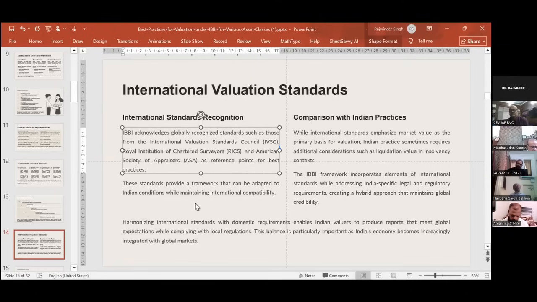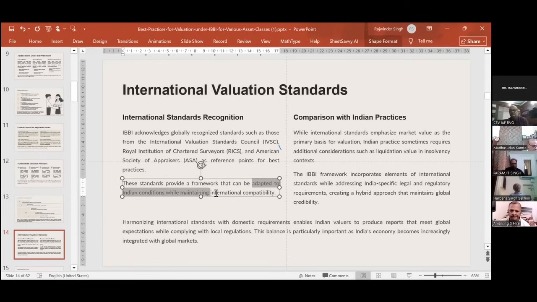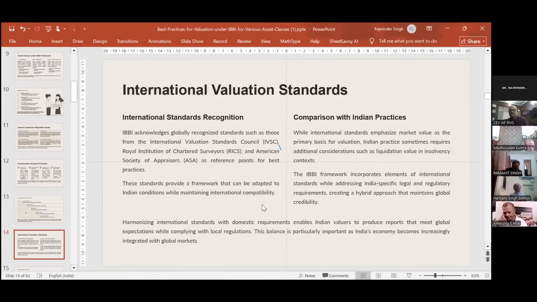So as far as these international standards are concerned, you have to adopt them to Indian conditions, though you have to maintain international compatibility. So it means you have to compare them with the Indian practices. That is important when you are using international valuation standards.